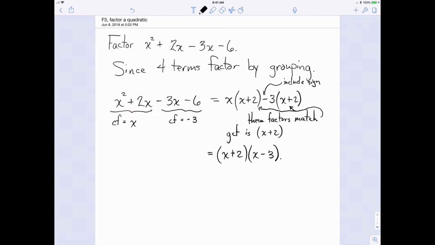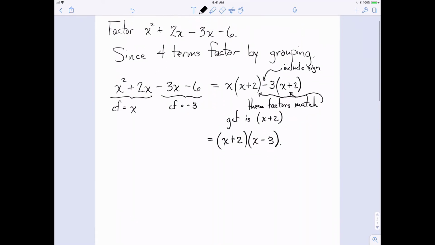Now, that was what we've been practicing, but there's something off here, and let me explain. The catch is that 2x minus 3x, these are really like terms. So you would never see 2x minus 3x.